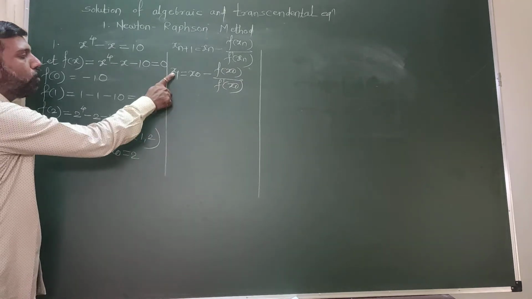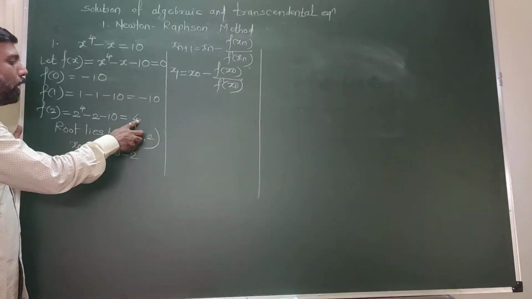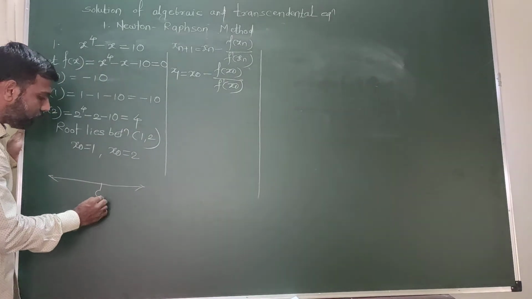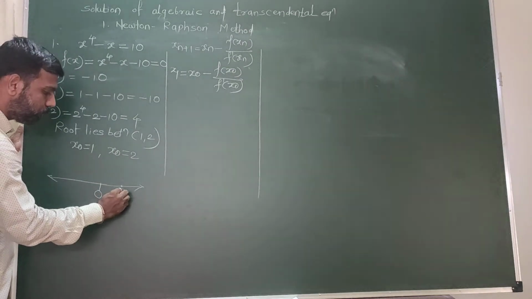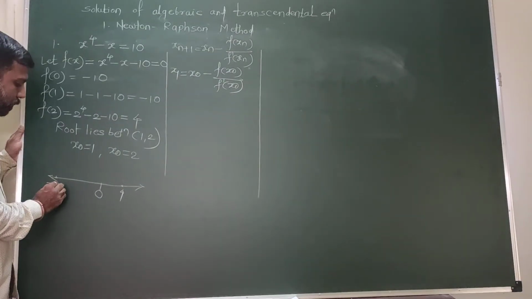But to reduce the number of approximations, we take the value which is nearer to 0 on the real line. This value 4 is nearer to 0 compared to minus 10.